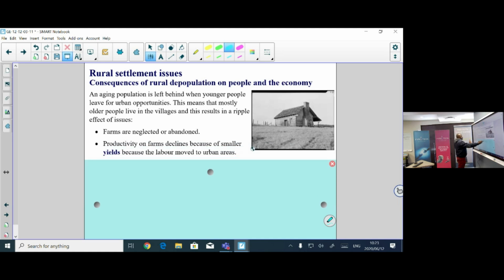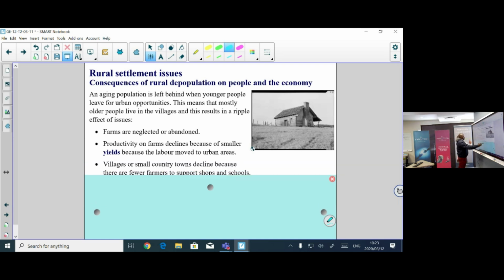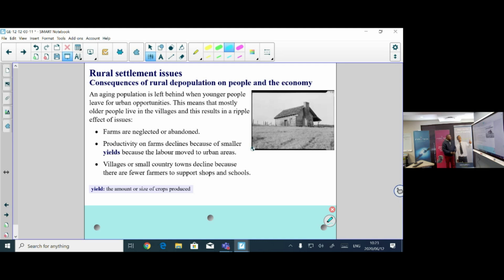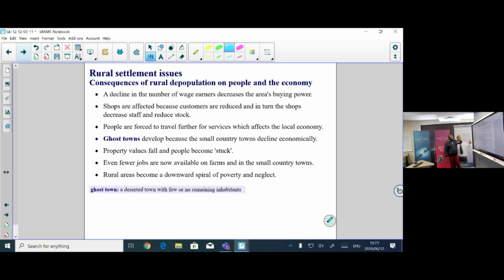Productivity in farms declines because of smaller yields, because the labor moved to urban areas. Villages or small country towns decline because there are fewer farmers to support shops and schools. So these are the ripple effects that we have because of the rural-urban migration.